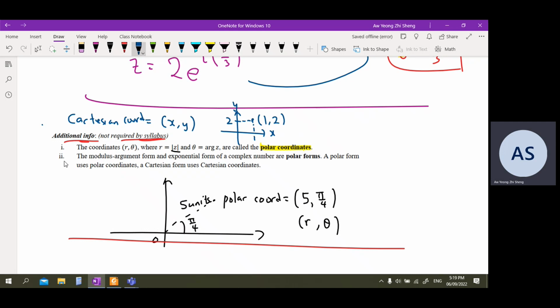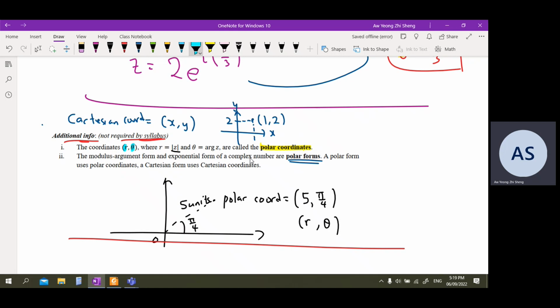For additional info number 2, the modulus argument form and exponential form of a complex number are known as polar forms. They are known as polar form because they require the pair of information that is available in the polar coordinates, which are r and theta.